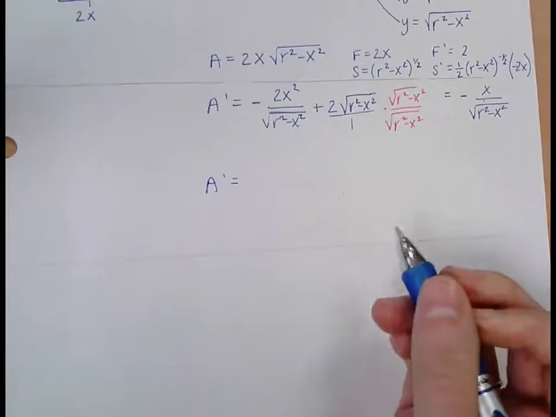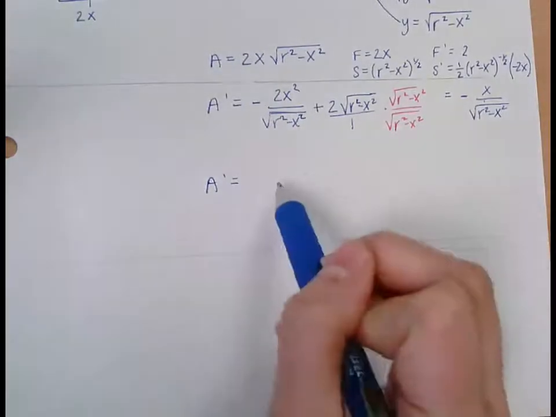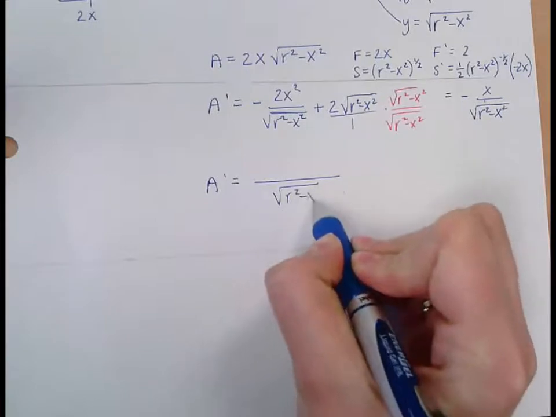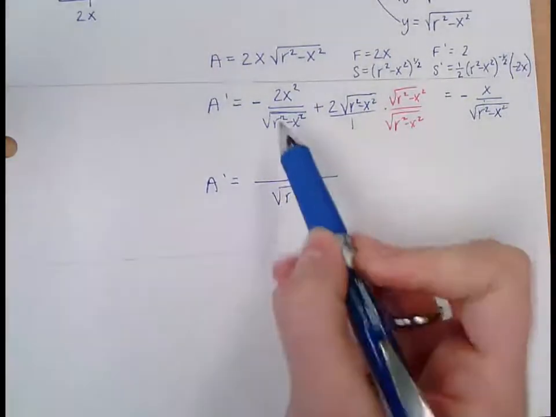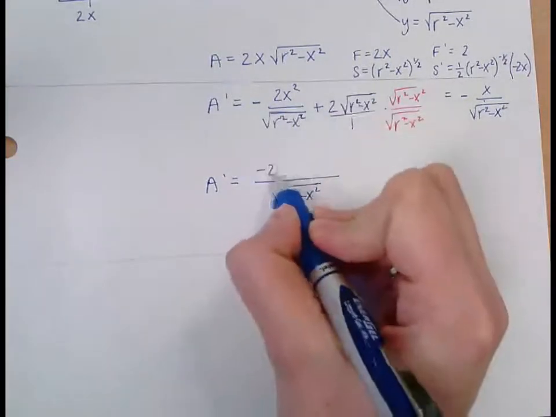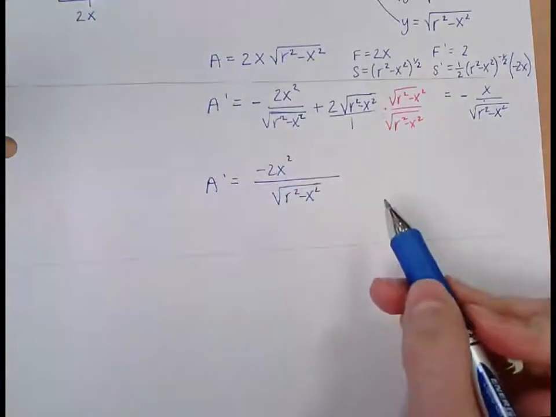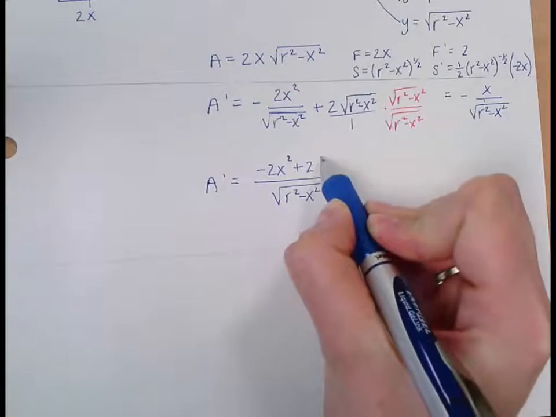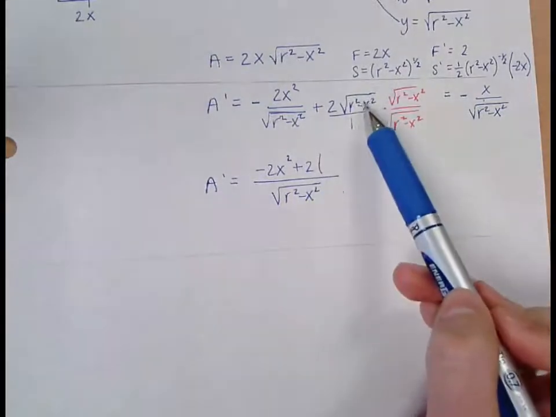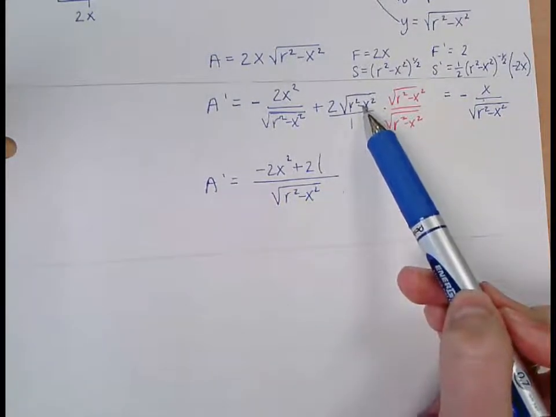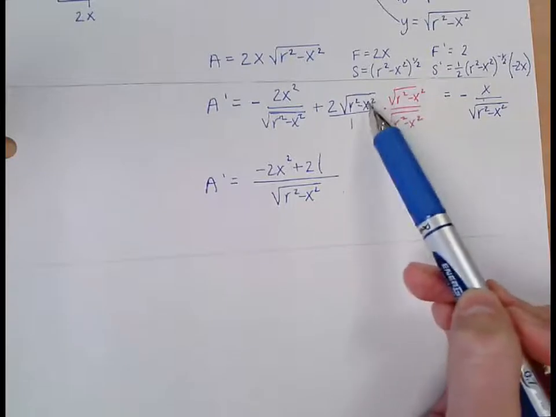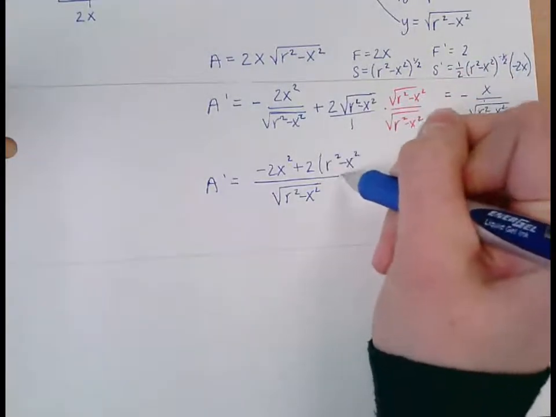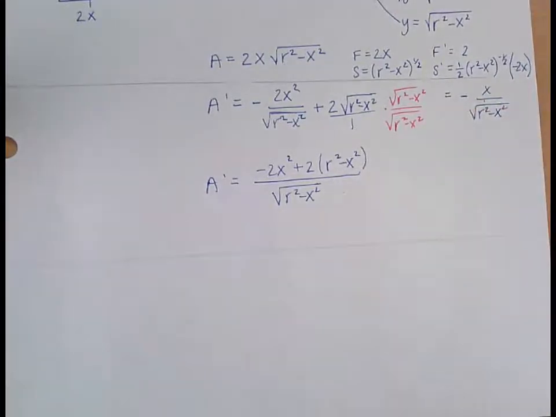So A prime would equal, and I'm going to write it as one fraction right away. I'm going to have the square root of r squared minus x squared on the bottom. I still have the negative 2x squared from the first fraction. And then I would have plus 2 times, and when I multiply the square root of r squared minus x squared by itself, the square roots cancel, so you just have the quantity r squared minus x squared. So you no longer have a square root on the top.